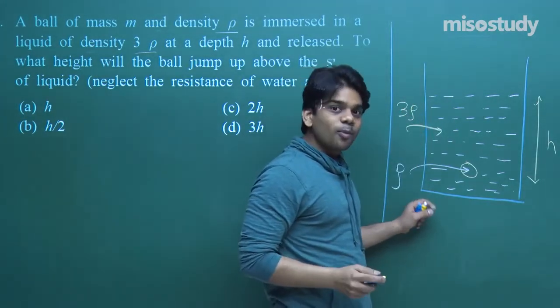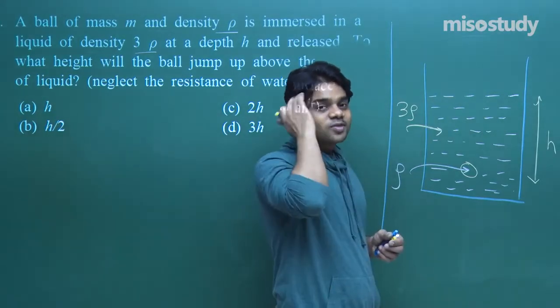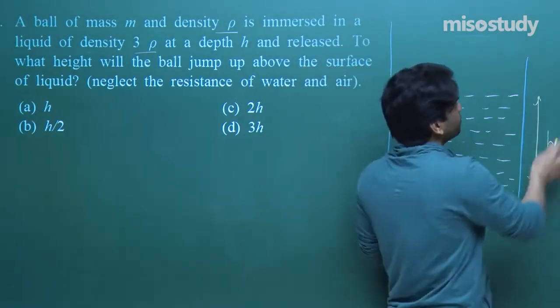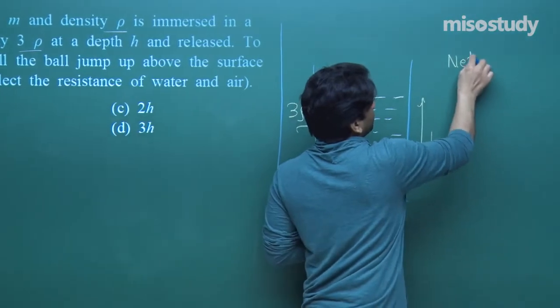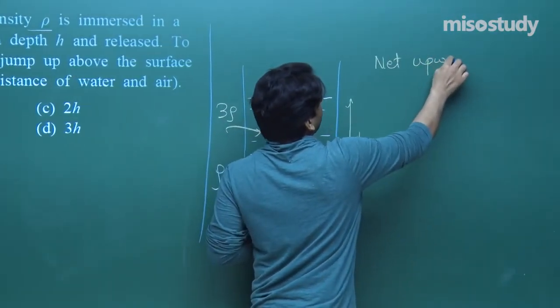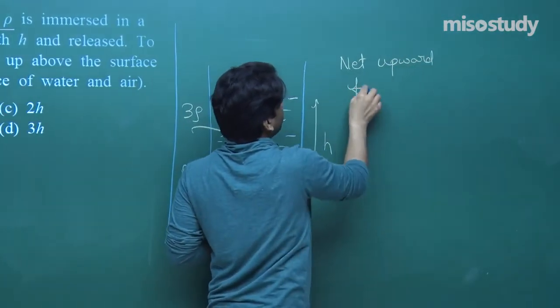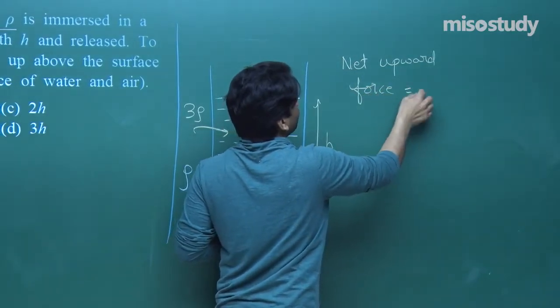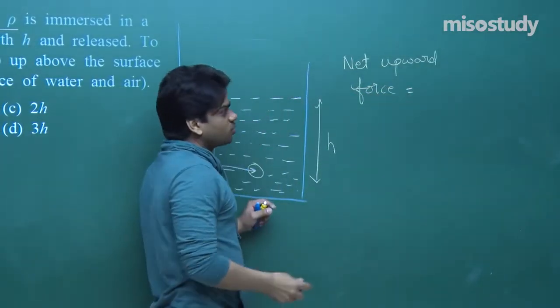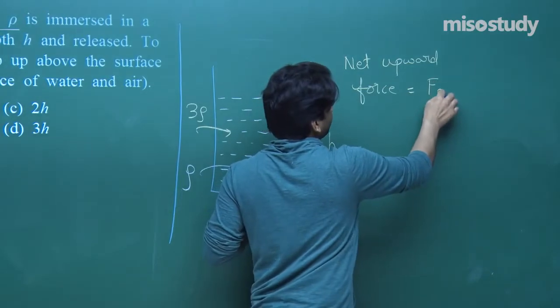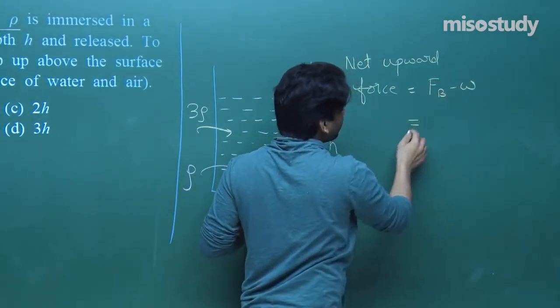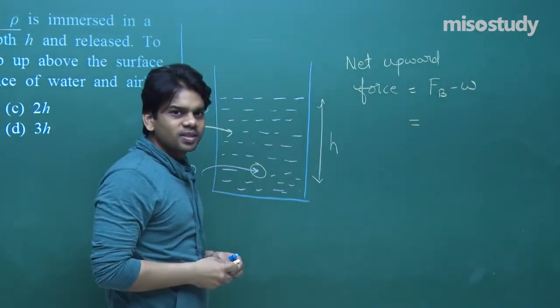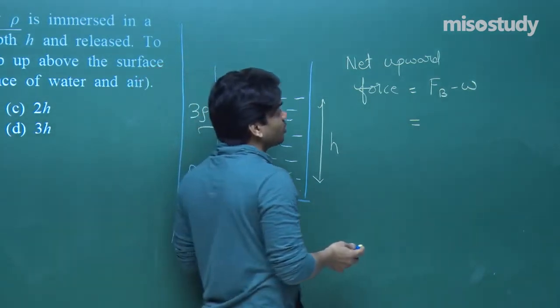So first of all, a net upward force will be acting on the body. Let's find out the net upward force. Net upward force acting on the ball will be buoyant force minus its weight. Buoyant force will be volume into density into gravity.